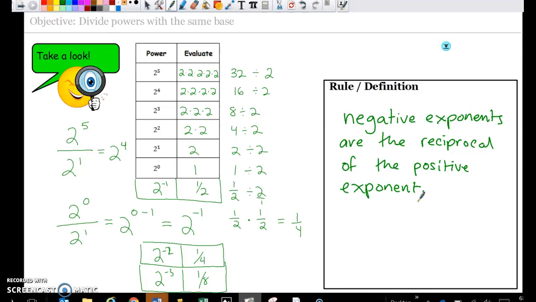In other words, if I have 2 to the negative 4th, that is the same thing as 1 over 2 to the positive 4. In general, then, 1 over x to the m is equal to x to the negative m.